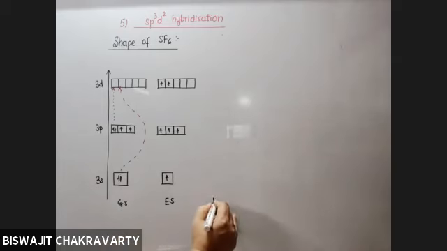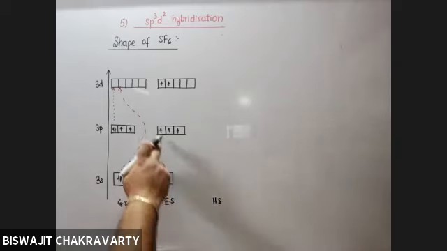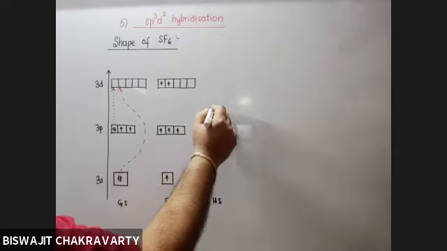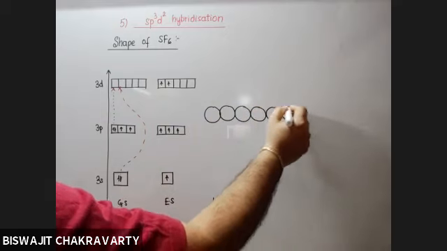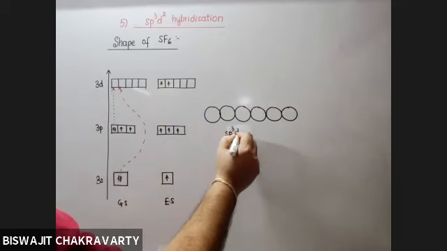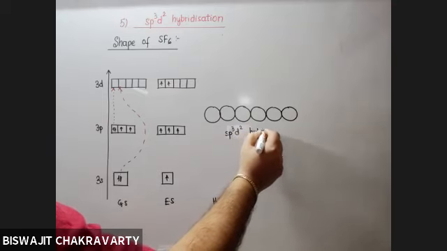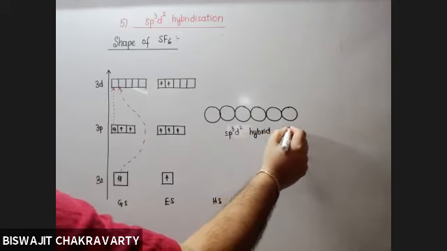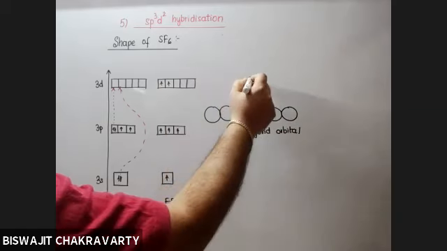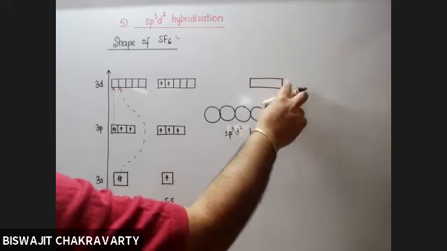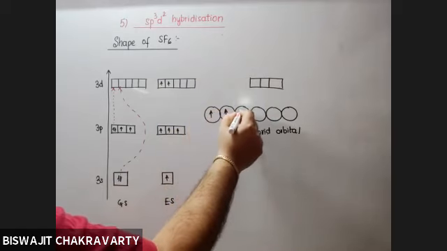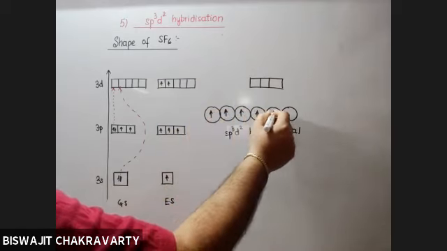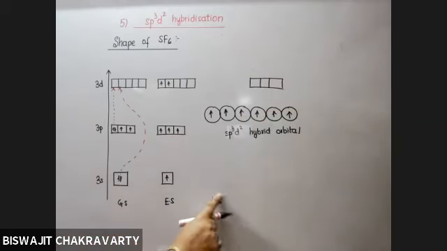Then in the hybridized state, these 3 and these 2 are going to intermix to produce a total of 6 sp3d2 hybrid orbitals. And these 3 will not take part in hybridization, will remain vacant and are of no use in bond formation. All are going to get the share of 1 unpaired electron each. This is the hybridized state.